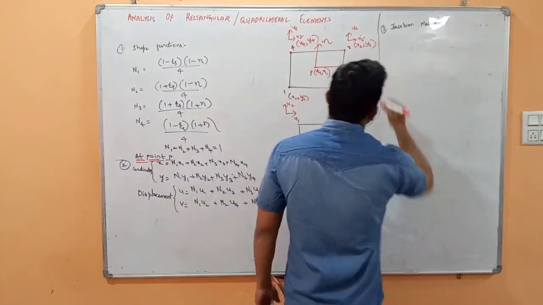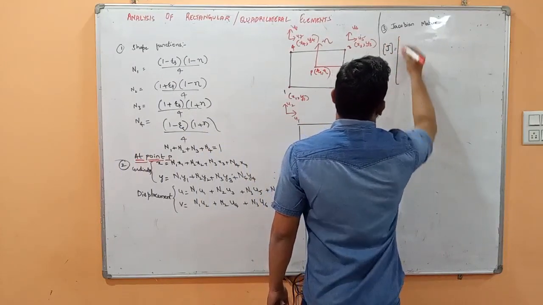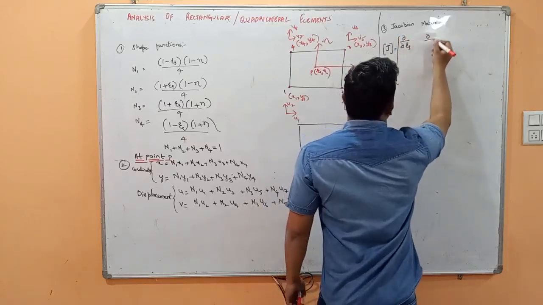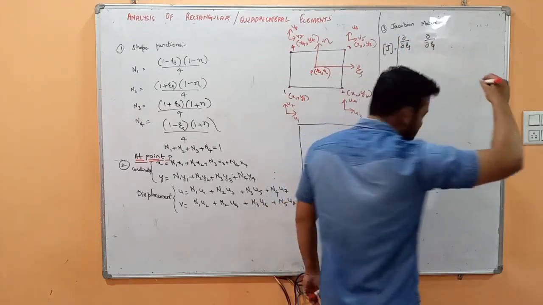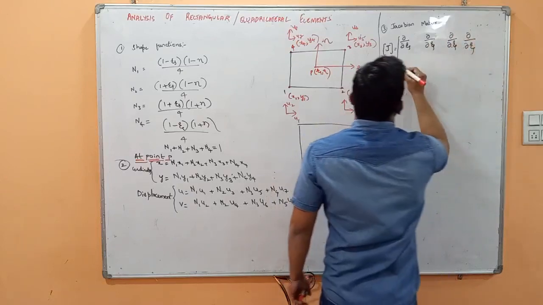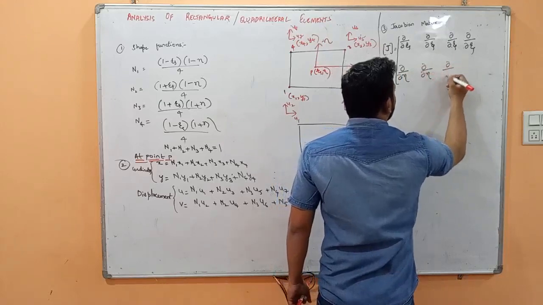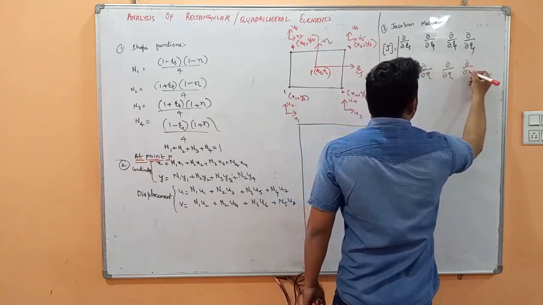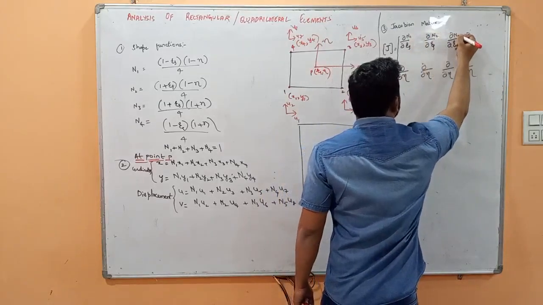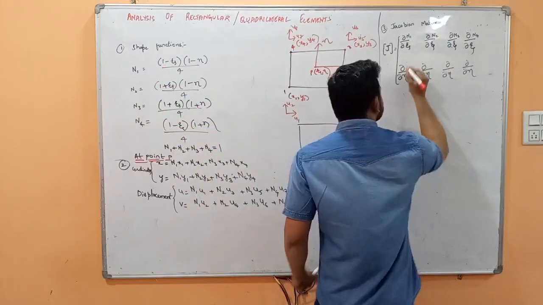So the formula is Jacobian matrix is given by del by del xi, del by del xi, del by del xi, del by del xi, del by del eta, del by del eta, del by del eta, del by del eta. So here we have to write down N1, N2, N3, N4. These N1, N2, N3, N4 values we already got from this formula, so we can substitute here.